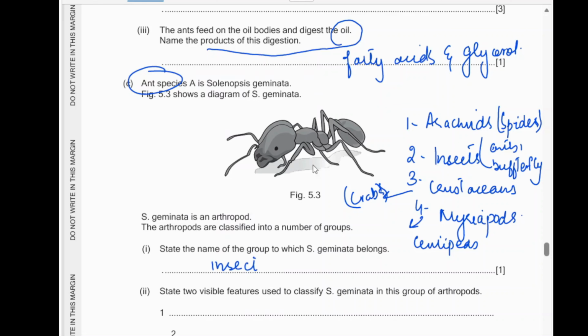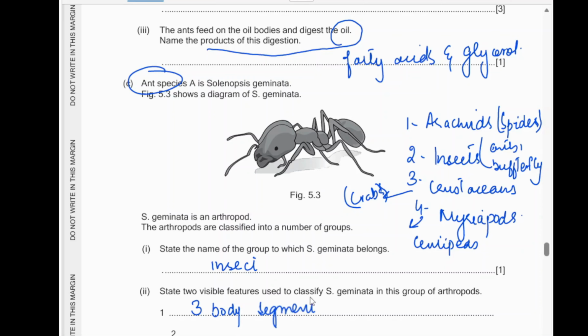What are the two features of insects which are visible over here, which are not present in other classes? We cannot see the compound eyes, which are not present in other species. She's right, the body is divided into three parts, while arachnids have two parts, crustaceans also have two parts, and myriapods have many segments. So this is the only class which has three body segments. And what are the names of those?